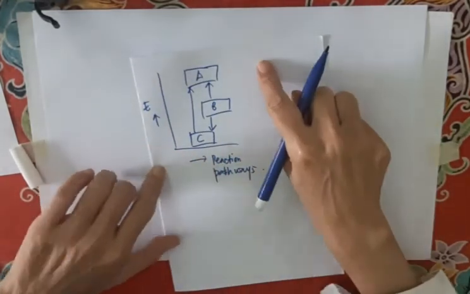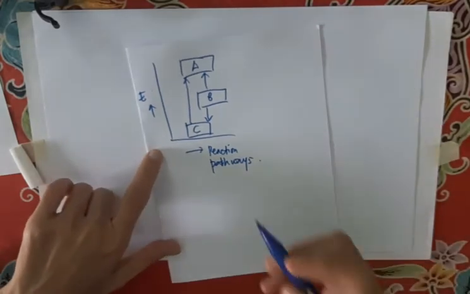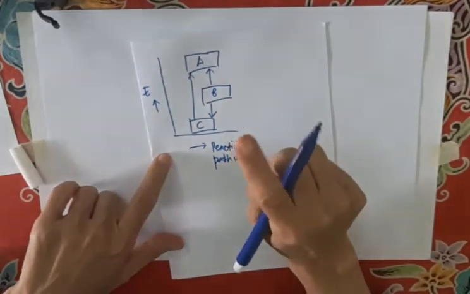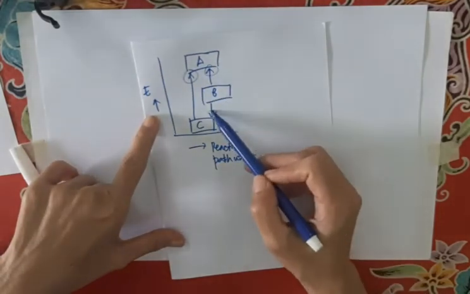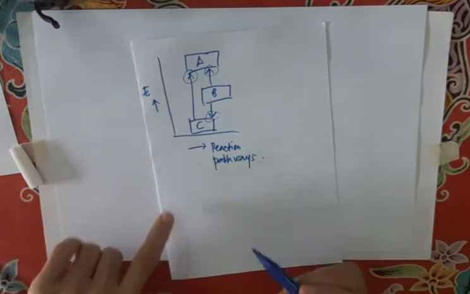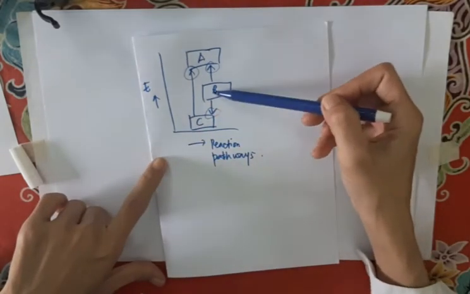This diagram can be converted into thermochemical equations. Look at this, the edge of each arrow.